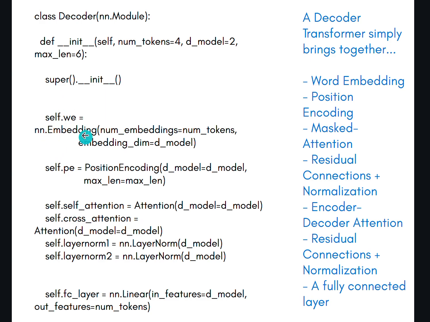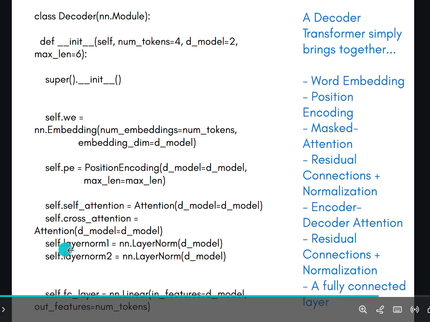Again, we have word embedding, positional encoding, self attention equals attention, and we have to include the mask in the forward method. And this is cross attention, initializing the cross attention. Then this is layer norm 1, layer norm 2, and the fully connected layer.